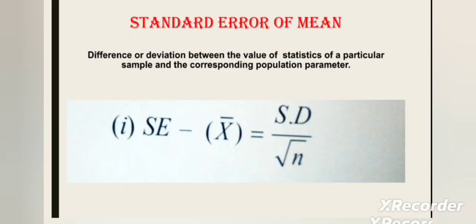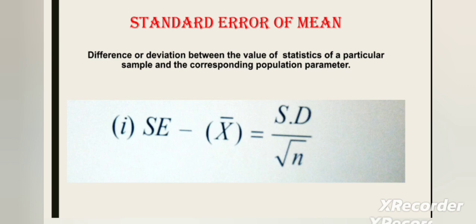One of the most important topics is standard error of mean. In the previous videos, we have discussed sampling, and it is very obvious that the sample, which is the estimate of statistics, will always differ one way or the other from the population.